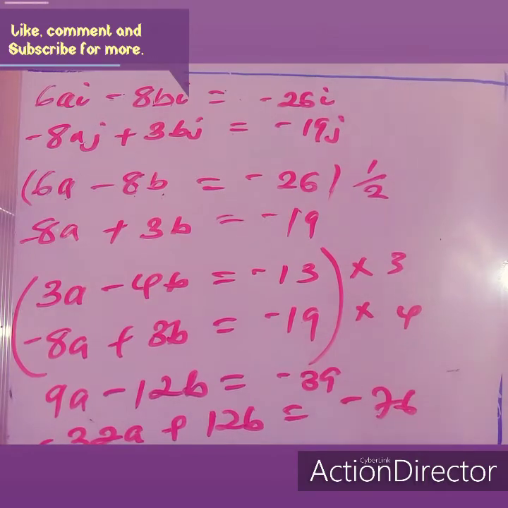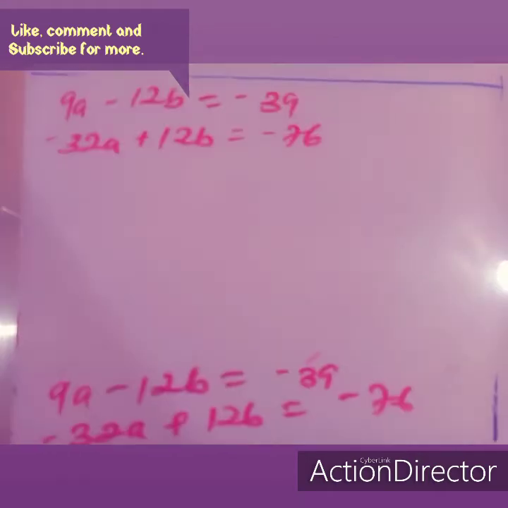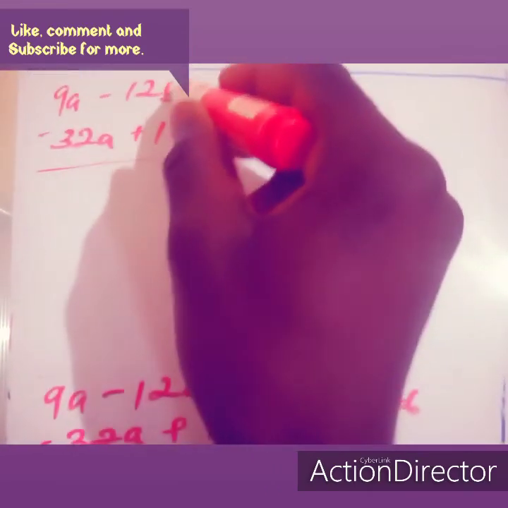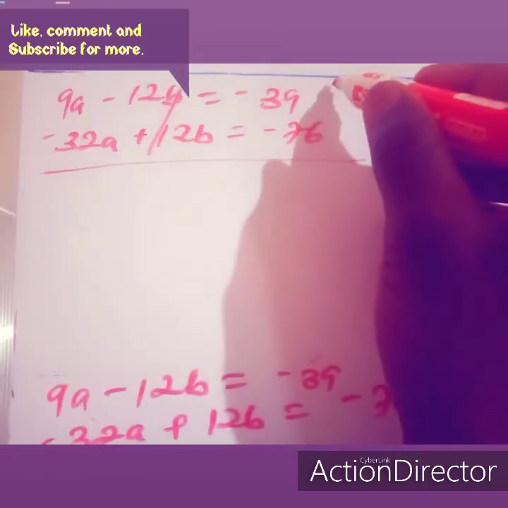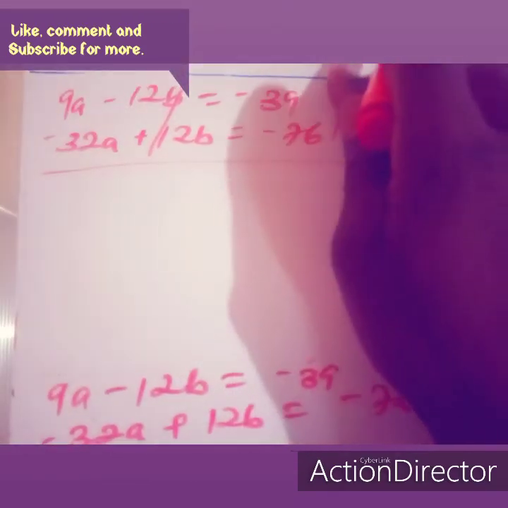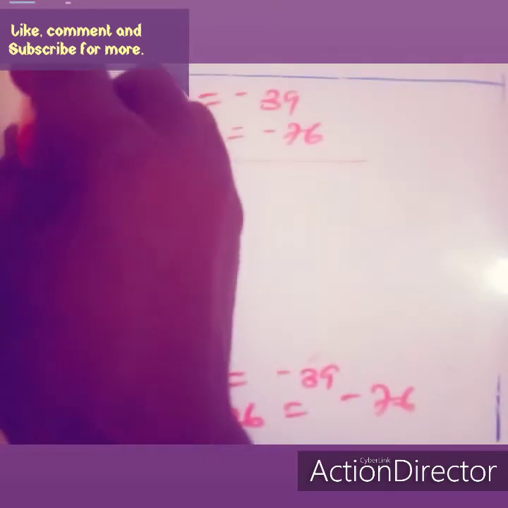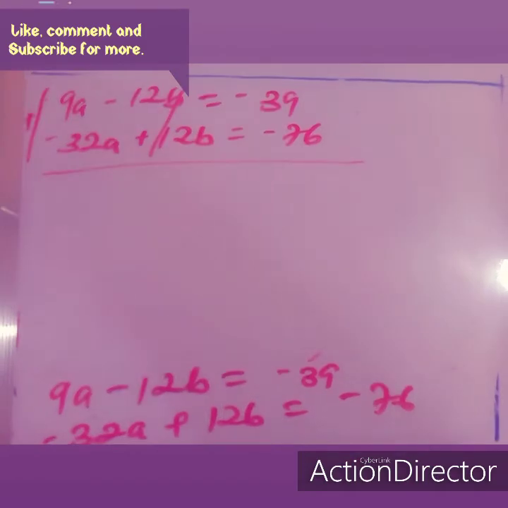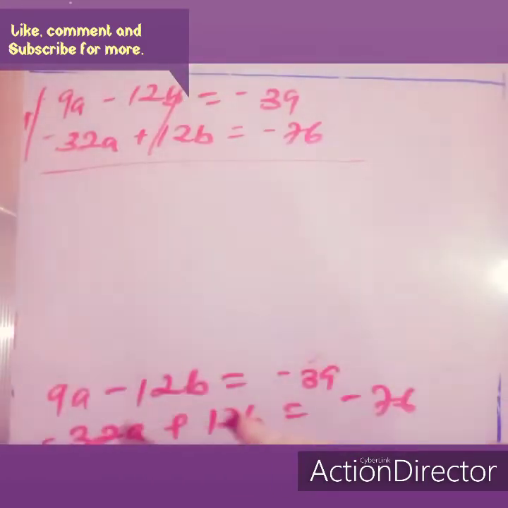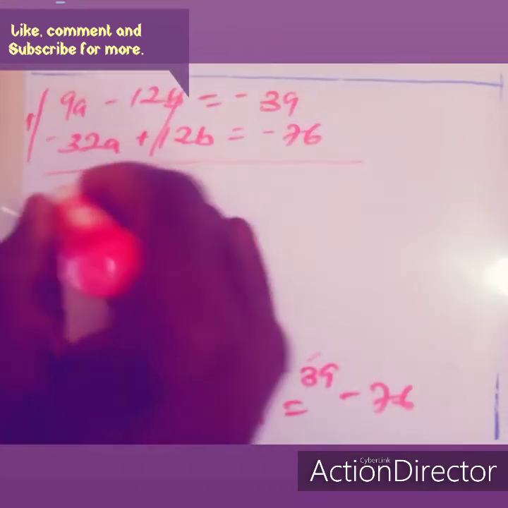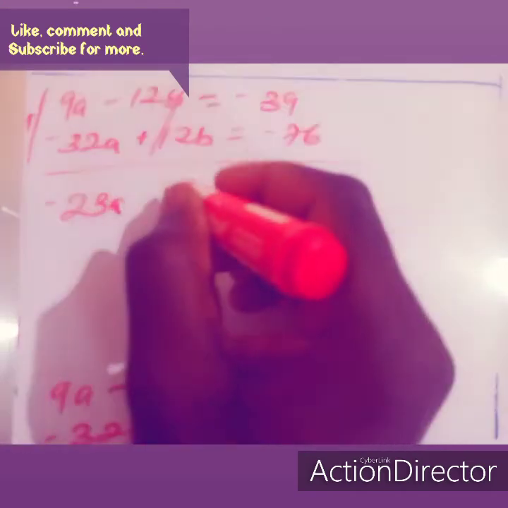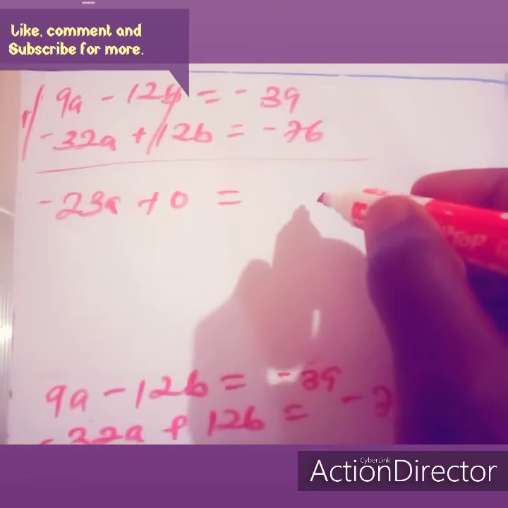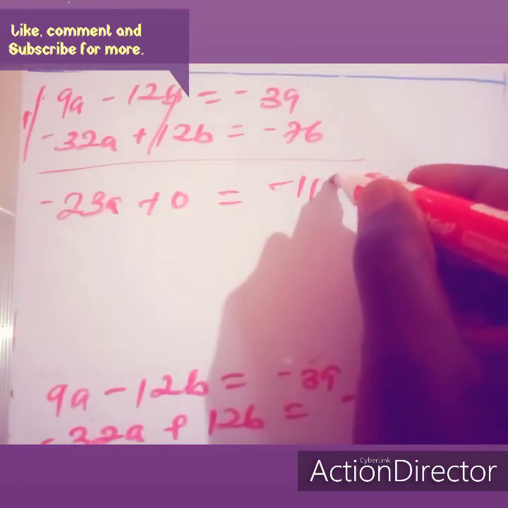Okay, so from there the b will cancel if we add everything. When we add this, it's going to give us minus 23a plus 0 will be equal to minus 115, right?